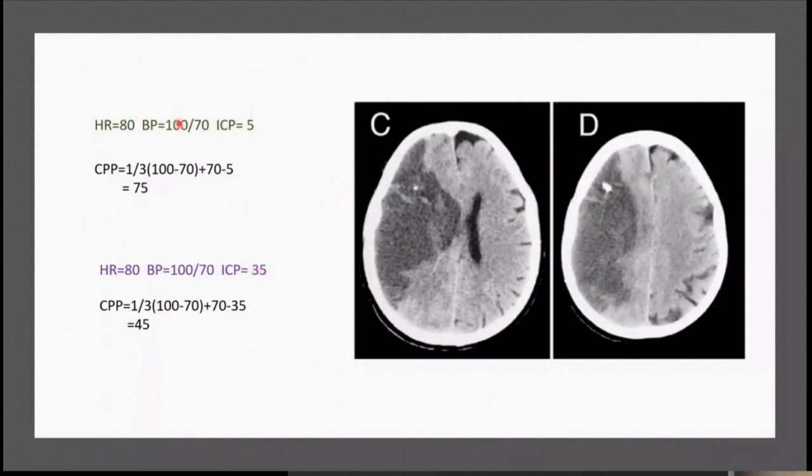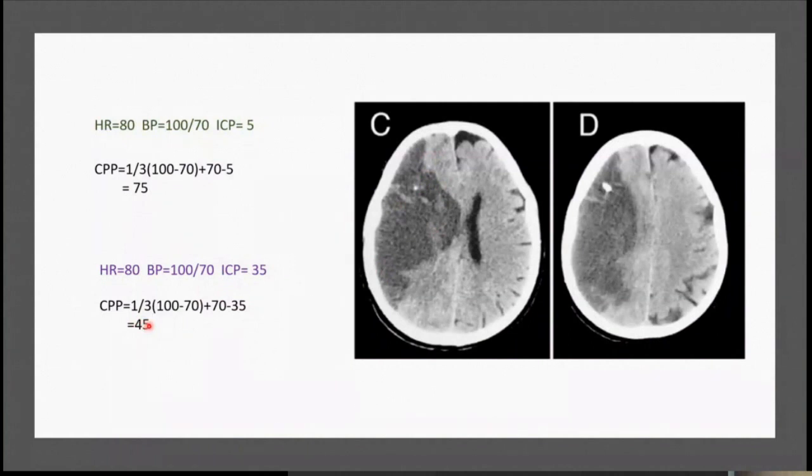So this patient has a blood pressure of 170, but his ICP is 5. If I apply this for the cerebral perfusion pressure, his CPP will be 75. While if his ICP is pathological and it is 35, due to the increase in the cytotoxic edema surrounding this area of infarction, his CPP will be 45.